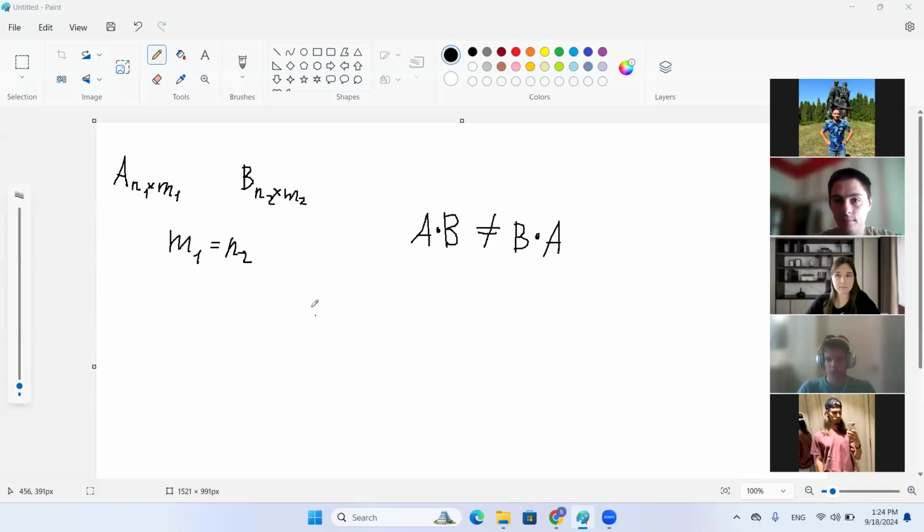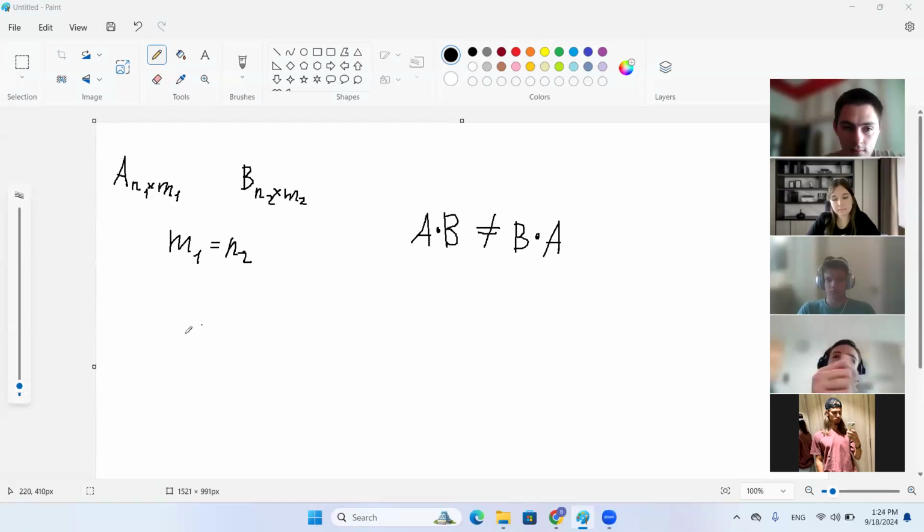Okay, and what else? Bogdan? We can find the inverse of matrix. In order to do that, we should find the transpose matrix, and then for that matrix, find cofactors.